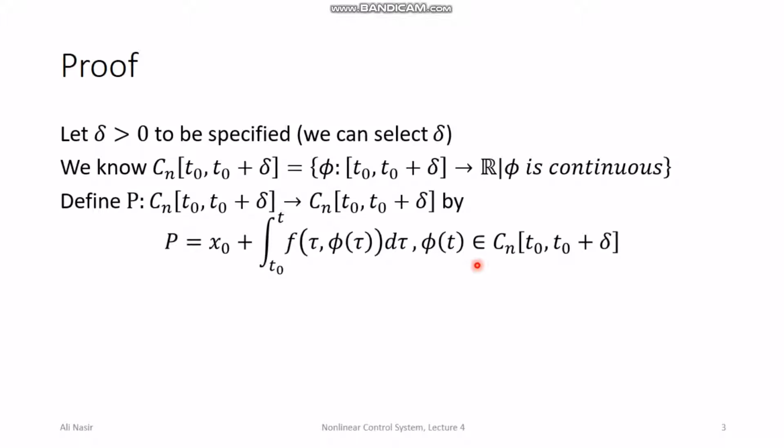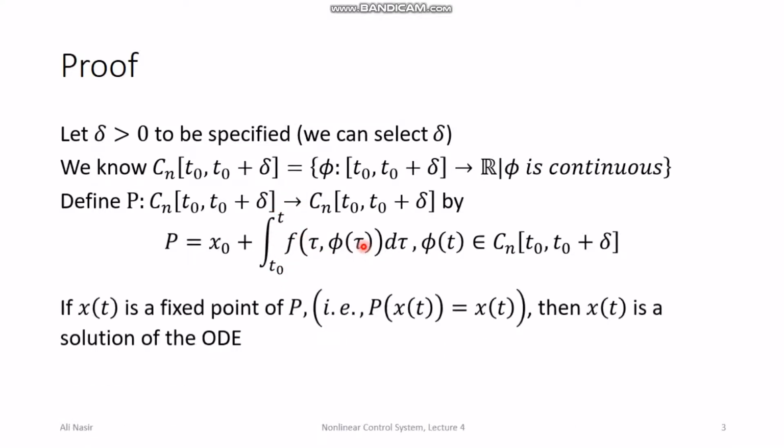P takes in a continuous function phi of t and generates this whole thing. This whole thing is also a continuous function because it is an integral of a piecewise continuous function plus some initial condition, and the integral is also definite, so we have no problem here.